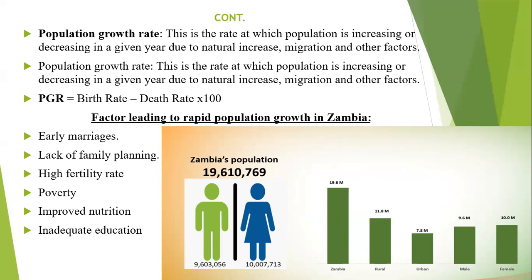So we are standing, after the 2022 census, we are now standing at 19,610,769 people. So this is how many people we have. So in Zambia, there are about 19.6 million people.